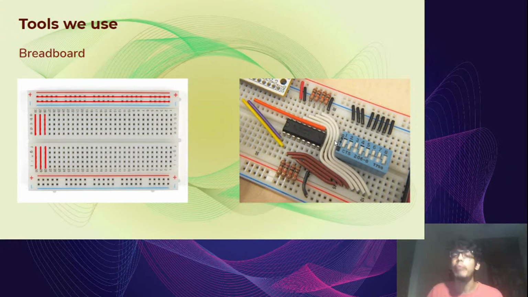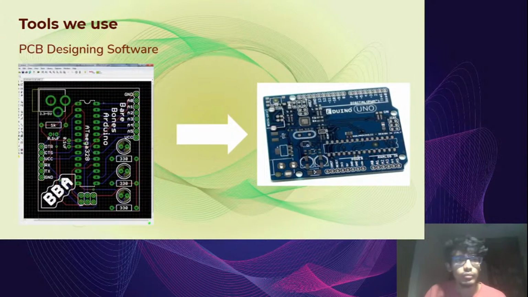You might say we can also make a circuit board, but making and fabricating a circuit board can be time consuming and expensive. So for prototyping, breadboards are a favorite tool. Of course, if you want to finalize your project, it is recommended that you make a customized printed circuit board or PCB.